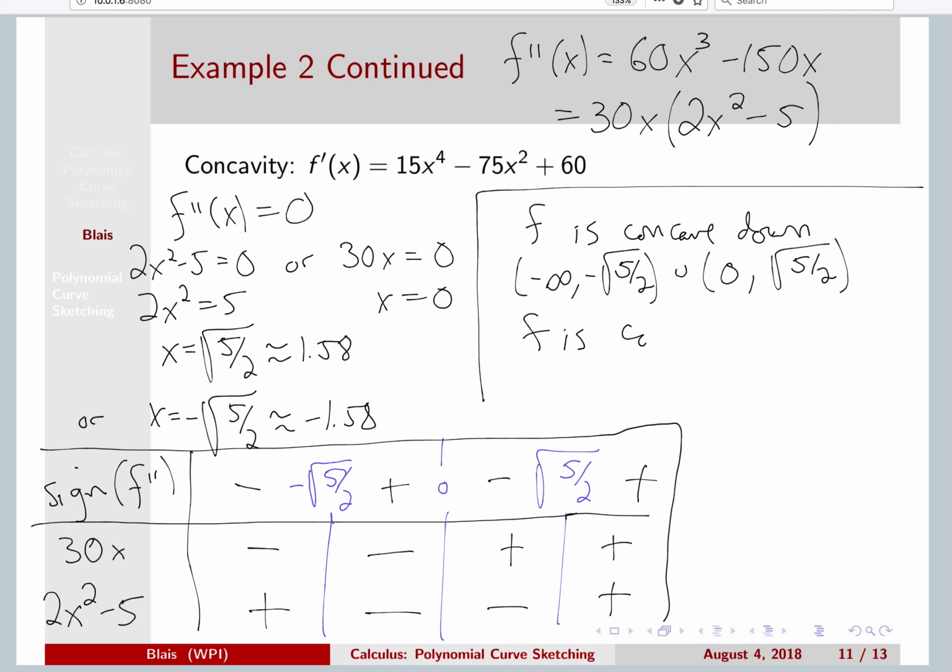And then f is concave up on the intervals where the sign of the second derivative is positive, so minus root 5 over 2 to 0. And then from root 5 over 2 to positive infinity.